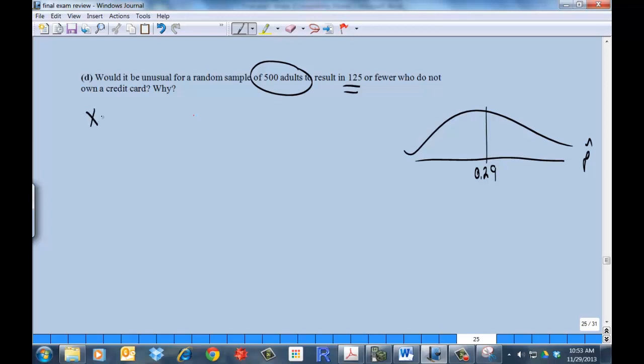So really what we're saying is x is less than or equal to 125. And this tells us that p hat is going to be less than or equal to 125 over 500, or p hat less than or equal to 0.25. So we've got our boundary point now. 0.25 is going to be to the left of 0.29.